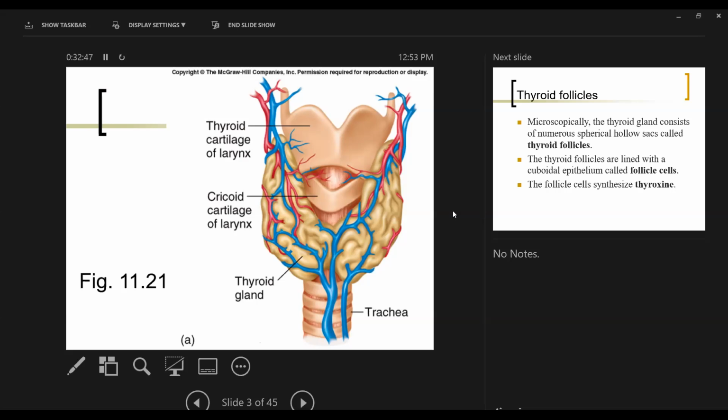So it has its own blood supply that you can see. These are usually branches off the carotid. The veins are going to empty usually into the subclavian or thereabouts. It's different on the left and right side. But the thyroid, as you can see, in fact, this cartilage that composes the larynx is called the thyroid cartilage because the thyroid sits across it.